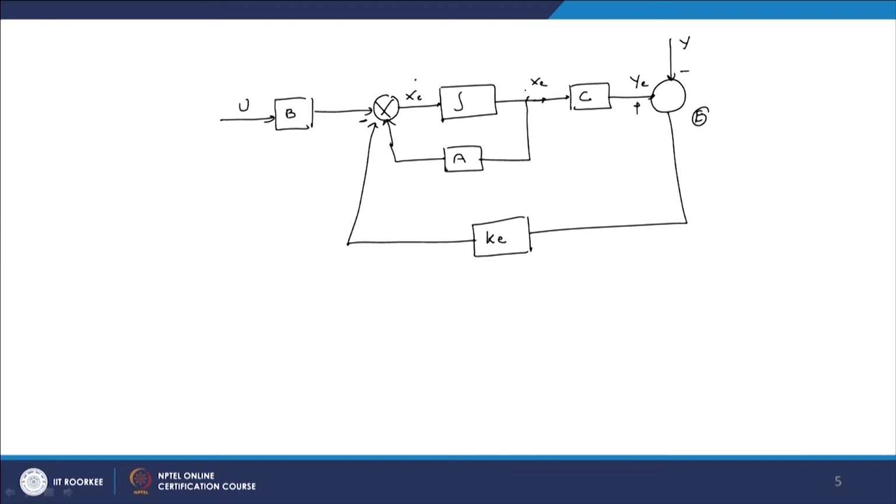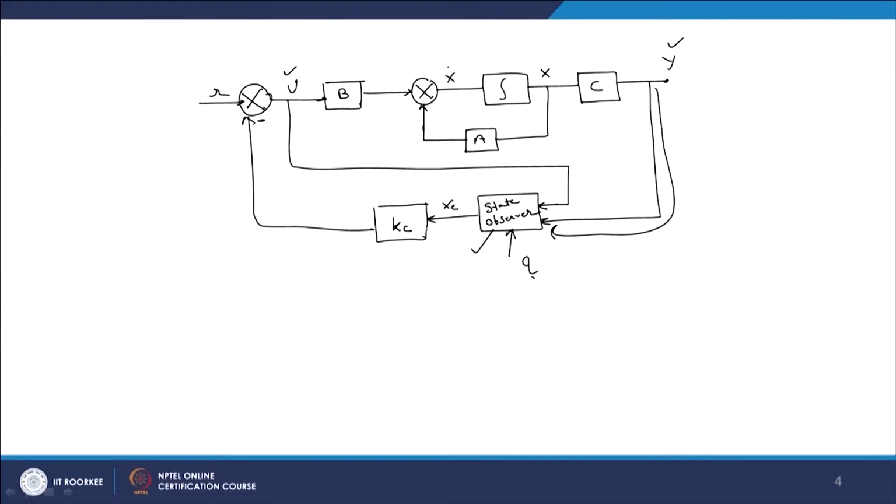So, once we have got this xc, we have to apply it to the actual system. That means this xc which we have seen here is nothing but this xc, and now it goes to the controller and to the reference. That means this is a closed loop control system, and our control law is here Kc times Xc plus r.